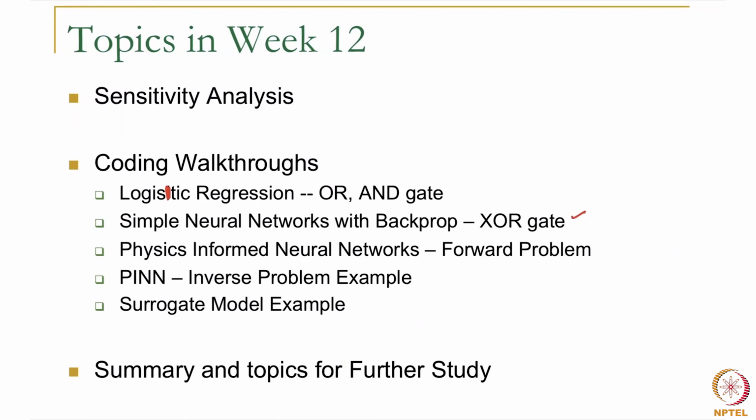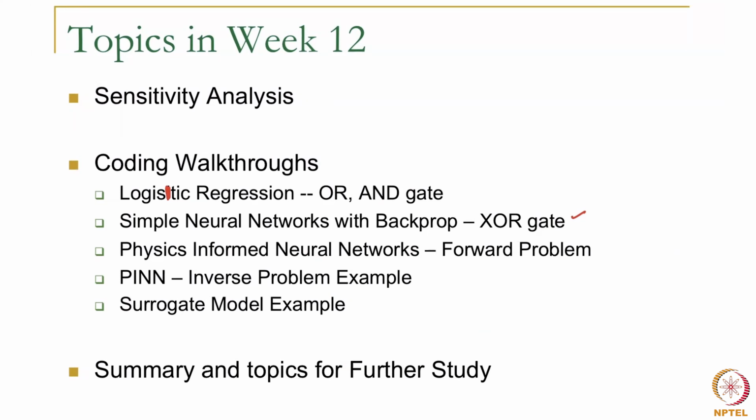Then the physics-informed neural networks that we looked at in the last week, I'll show you a simple forward problem that we can solve. Finally, I'll show you an inverse problem example with physics-informed neural networks. And the last example would be a surrogate model example, which is an alternate use of neural networks within inverse problems.